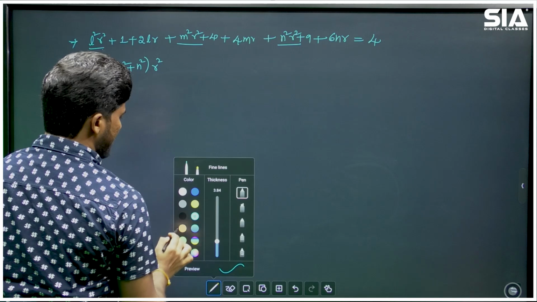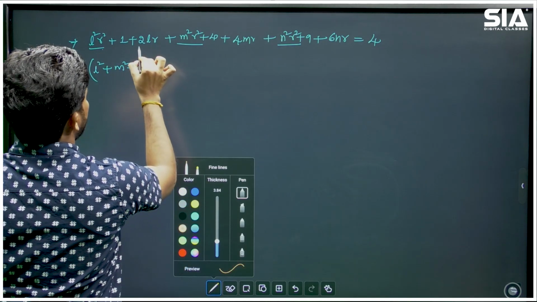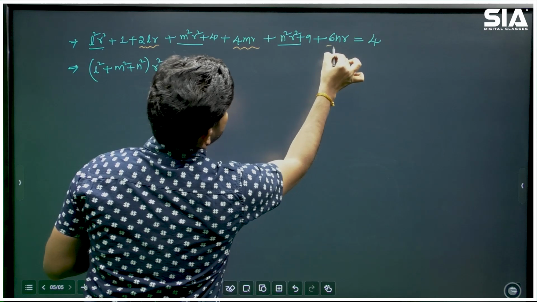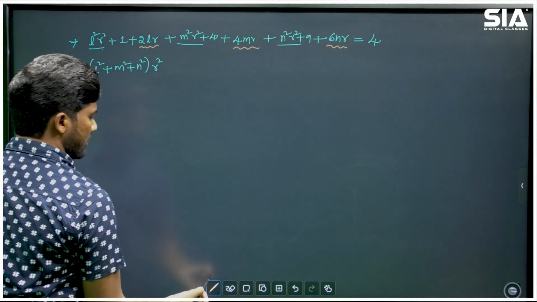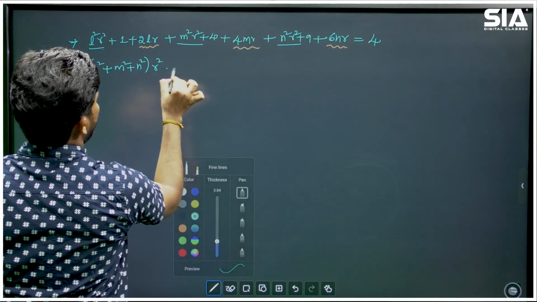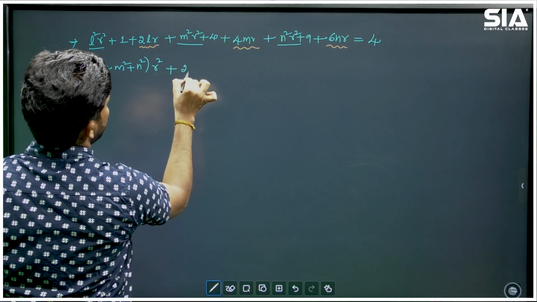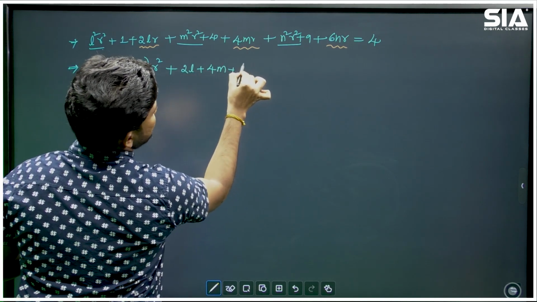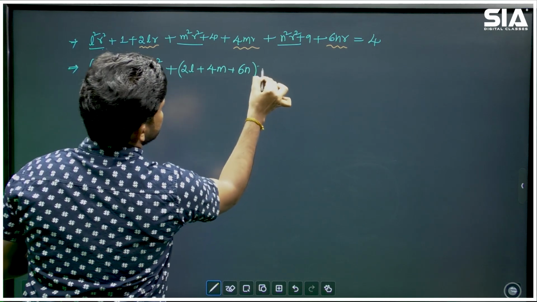And from the remaining values, how many small r values are there? 2LR, 4MR and 6NR. From all these values, take small r common: 2L plus 4M plus 6N into small r.